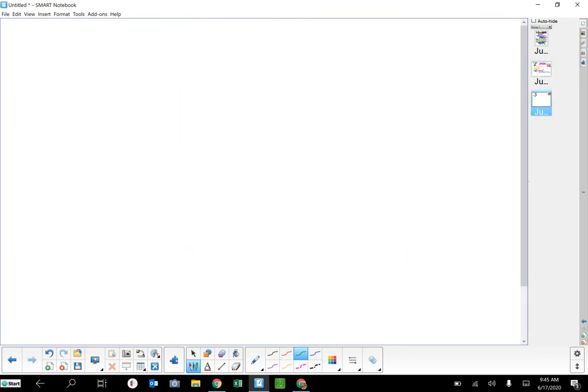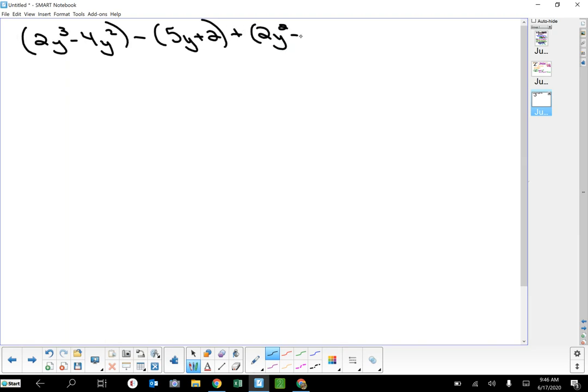So let me give you an example of one that, like, you might have only seen 2 binomials before, but these get a little crazy in Varsity. So we have simplify. 2y cubed minus 4y squared minus 5y plus 2, plus 2y squared plus 1, minus 3y cubed plus 3. Now, just a couple things here.